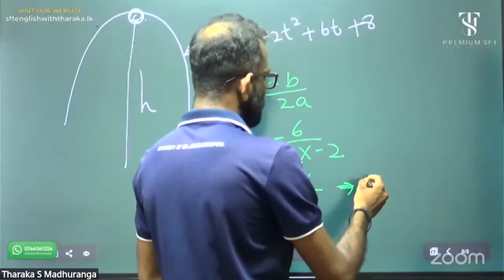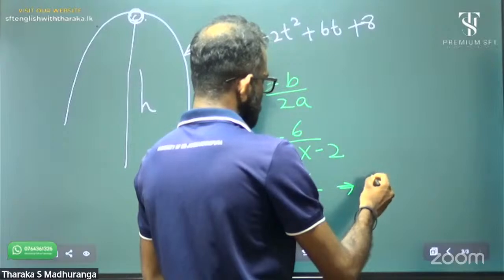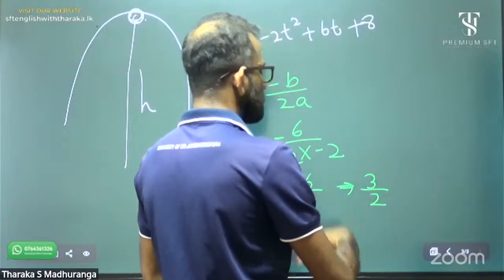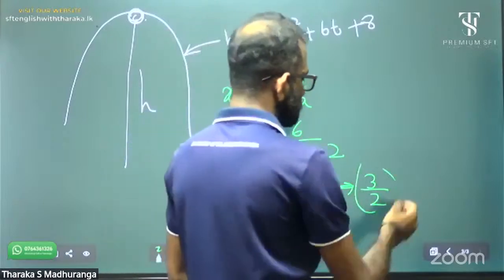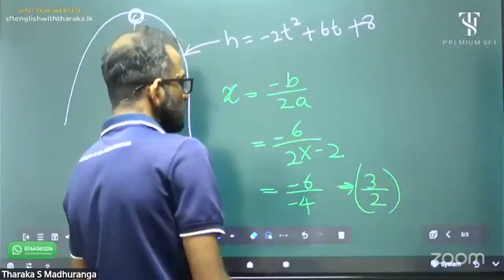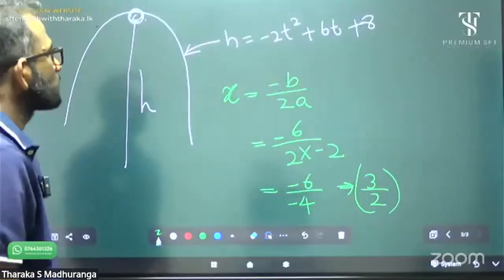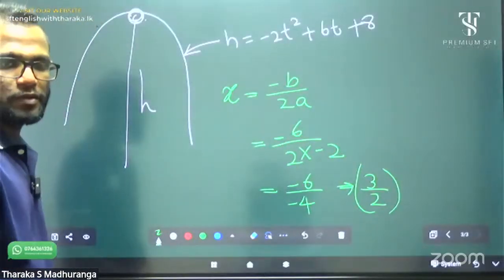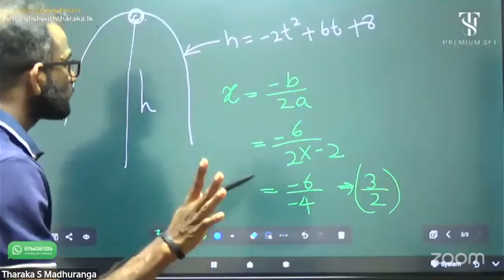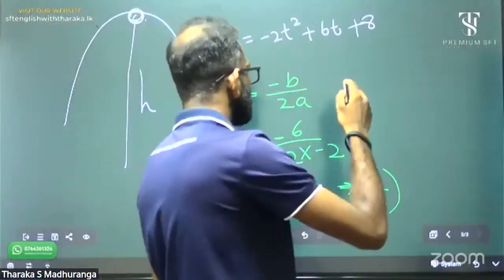Minus and minus cancel out. It is 3 over 2, that means 1.5. But we want the y value, right? That's the height.